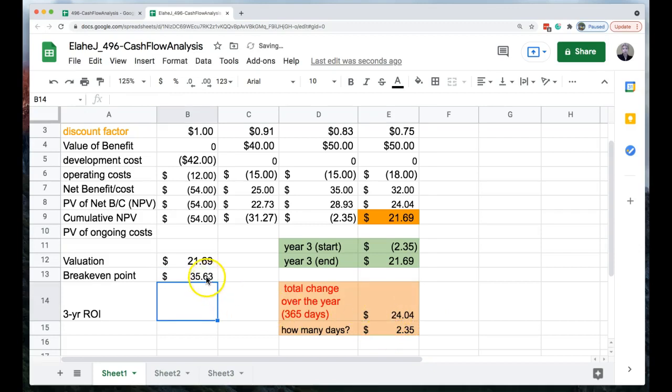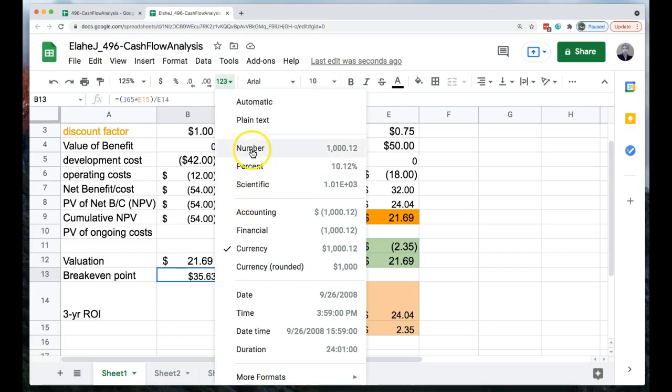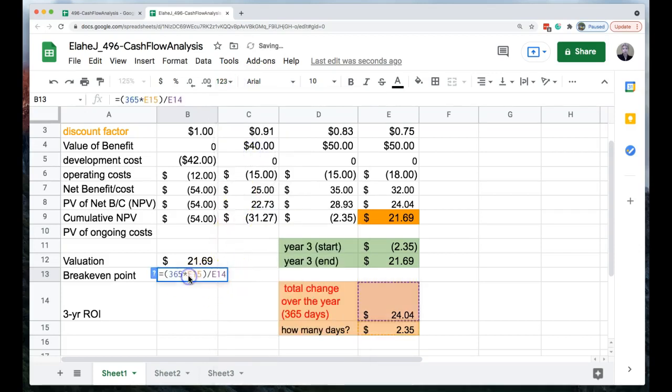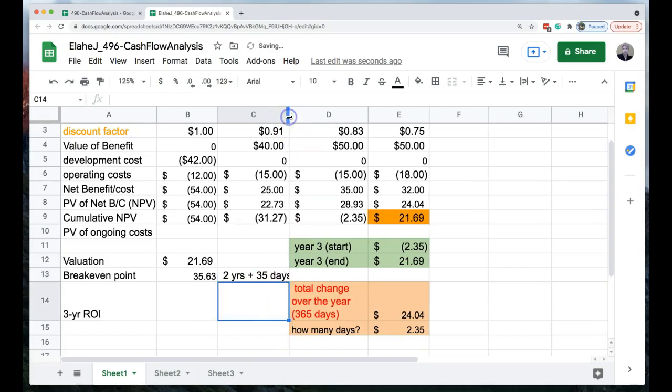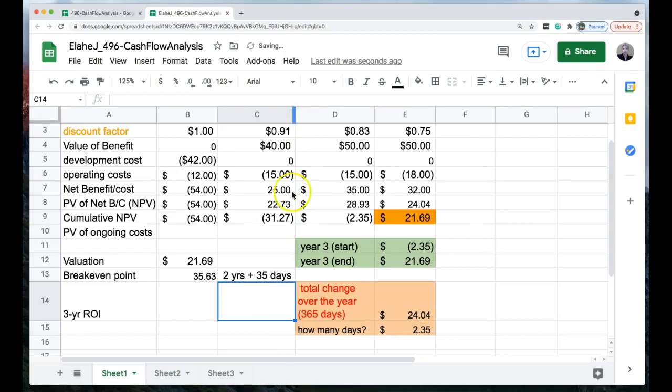That's 35 days. So the break-even point, and this is not dollars, so we have to change just to a number. So this is going to be 2 years plus 35 days. Okay, this is after implementation of your strategic framework.